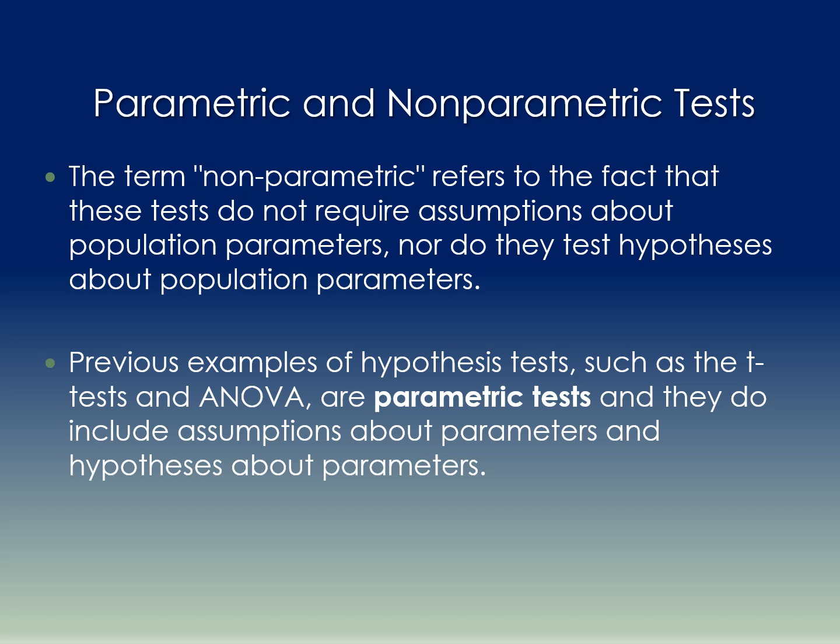So the term non-parametric refers to the fact that these tests, again, don't require the same assumptions that we do about population parameters. And neither do they test hypotheses about population parameters, right? So this is why they're called non-parametric, not really related to the population.